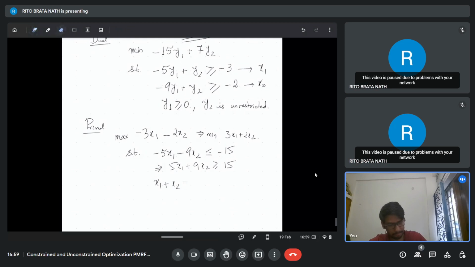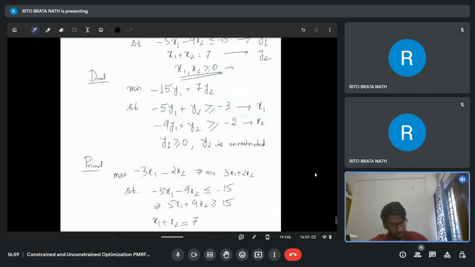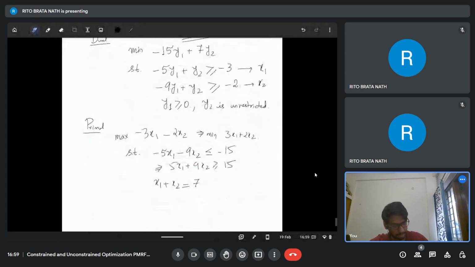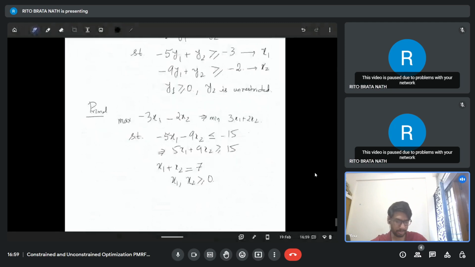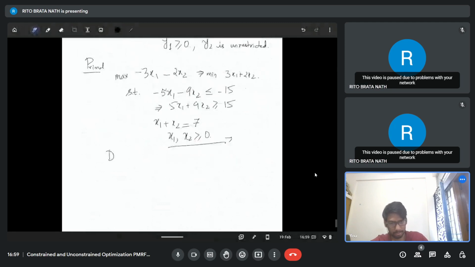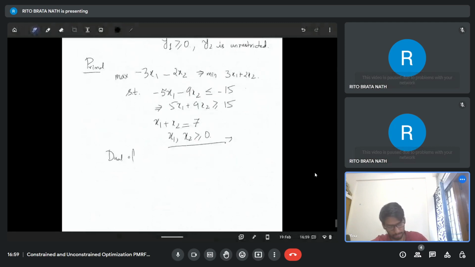It will now become equal to 7 because of that extra addition that you have. And since both those constraints are of greater than or equal to type, you have x1 and x2 greater than or equal to 0. So you get back the original one. So the dual of the dual, you get back the primal.